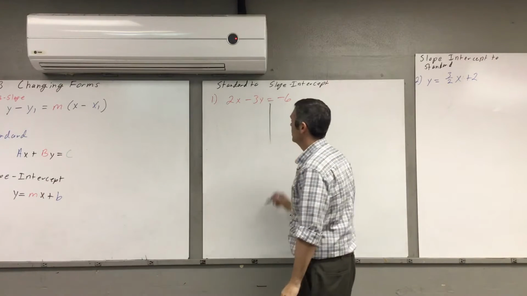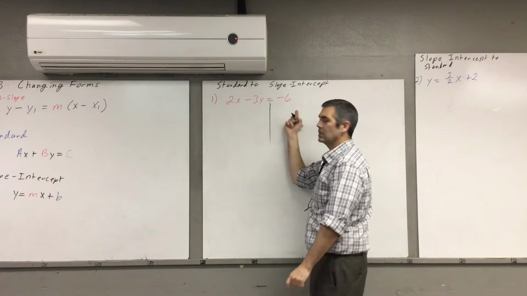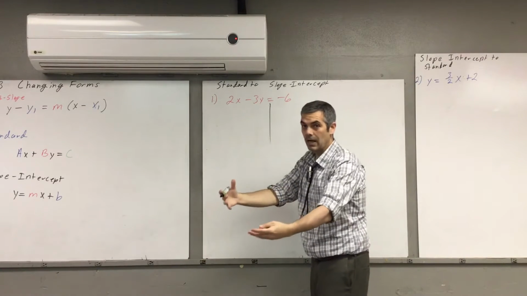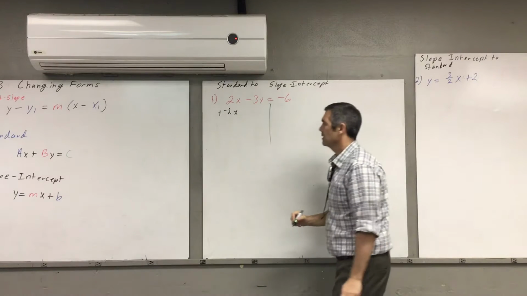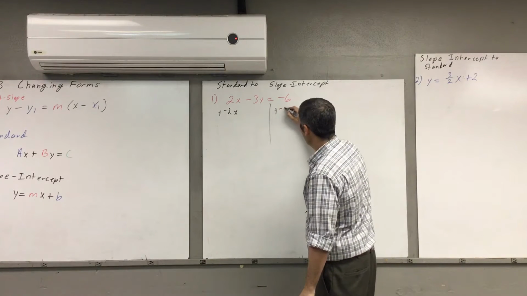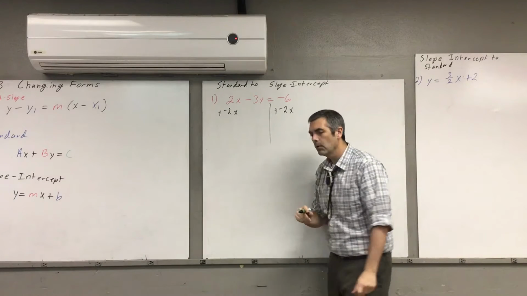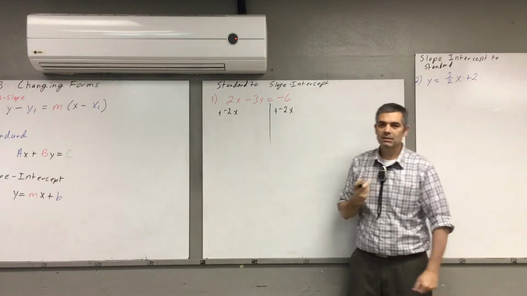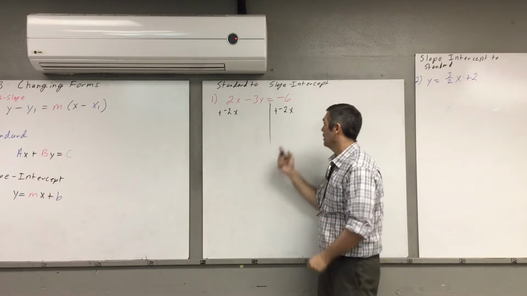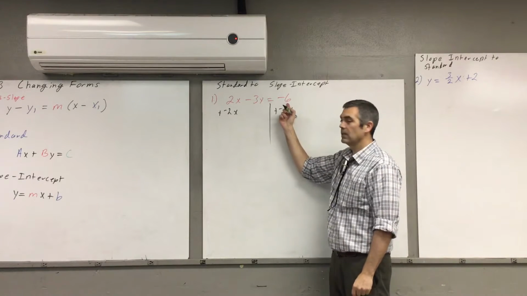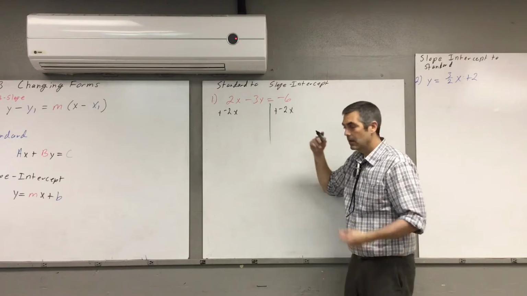We want to move this over to this side. In order to do that, we're going to add its inverse: add negative 2x to both sides. Now, I add the inverse here on purpose, because addition is commutative, and this allows me to automatically put this in front of this whenever I rewrite it.